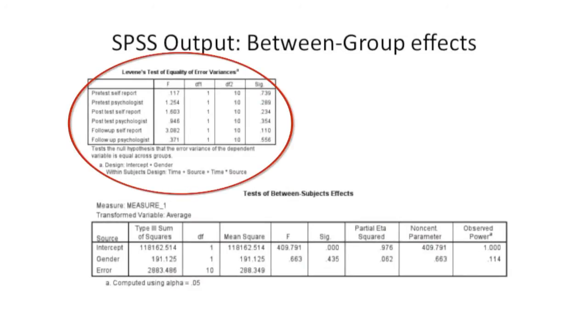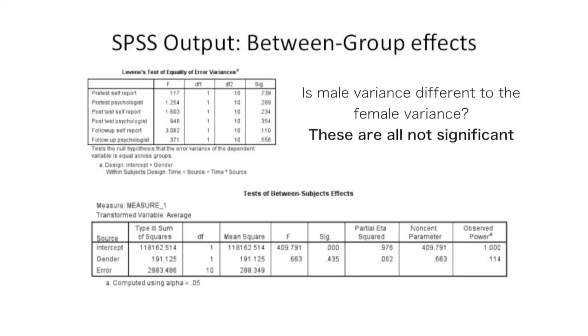It does another homogeneity of variance test between males and females for pre-test psychologist score. It does another homogeneity of variance test for each of the repeated measures between males and females, asking the question, is male variance different to female variance?